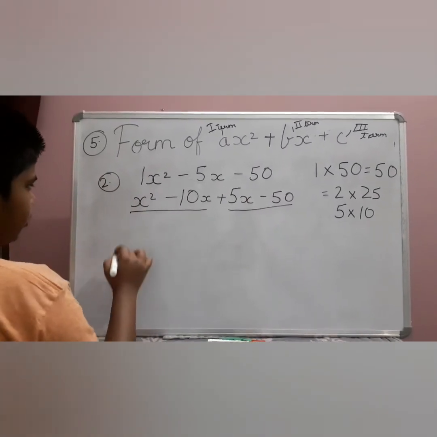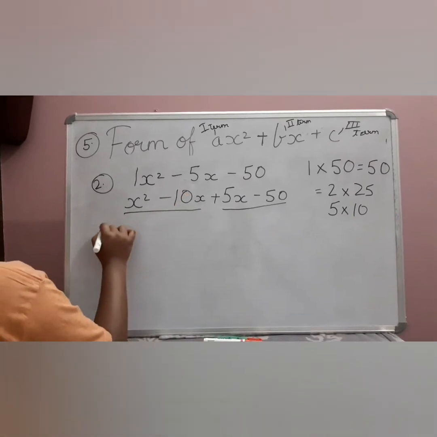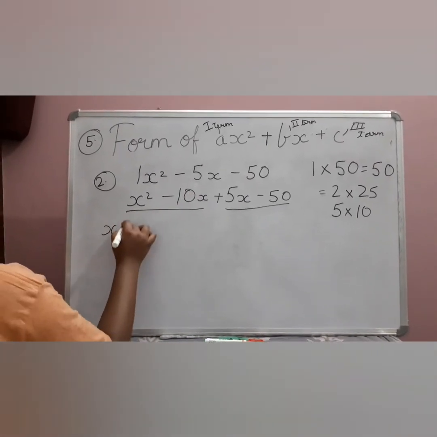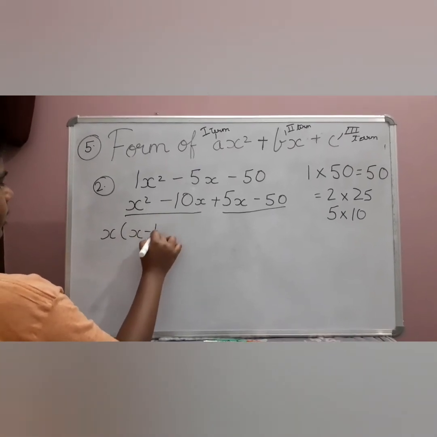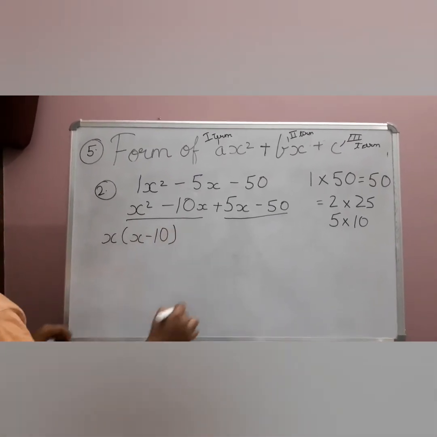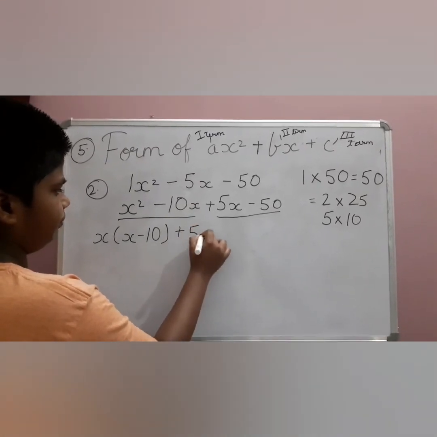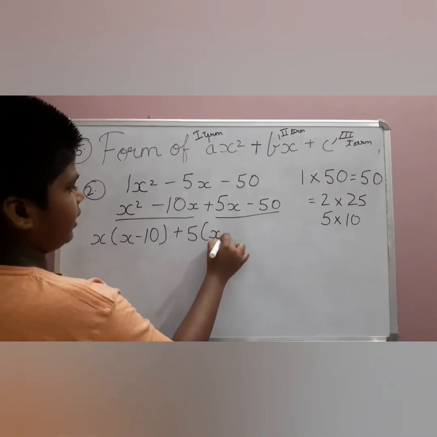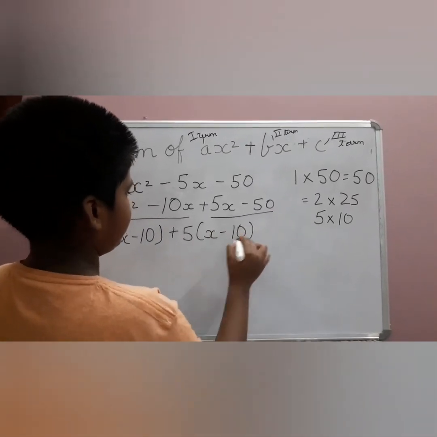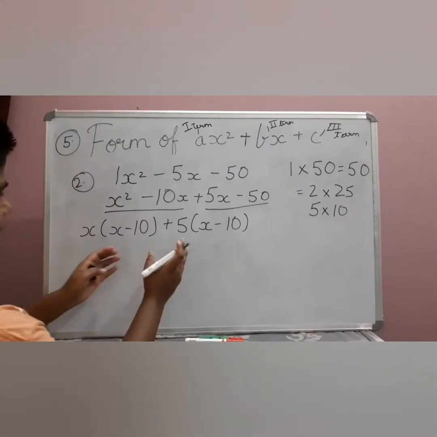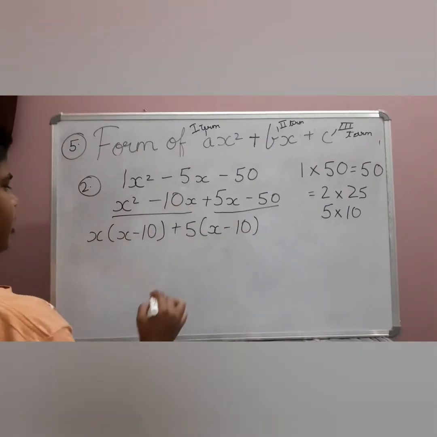Then in the first group, x is common. We have taken x common. Here x is left, and here minus 10 is left. In the second group, we can take plus 5 common. Here also x is left, and x minus 10. Then we have two terms, x minus 10 and x minus 10, which is common.